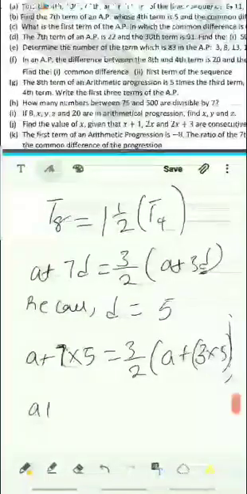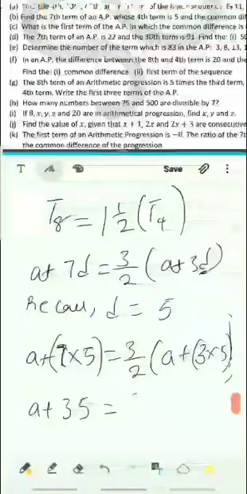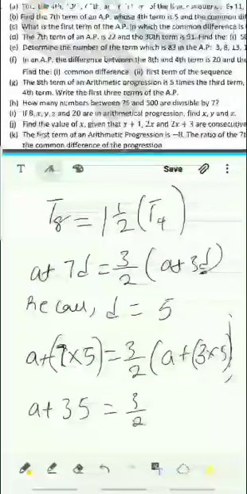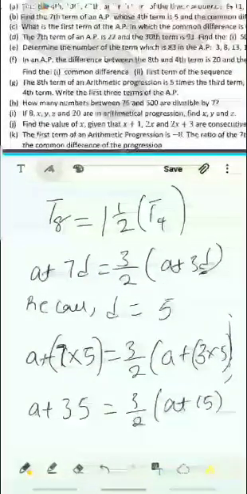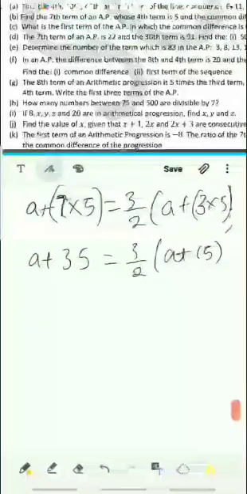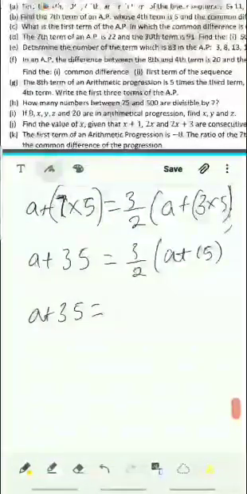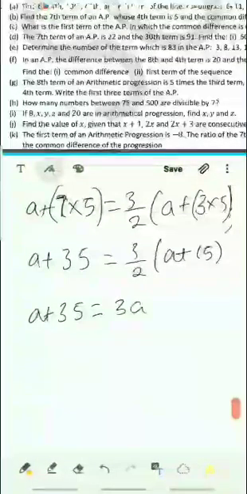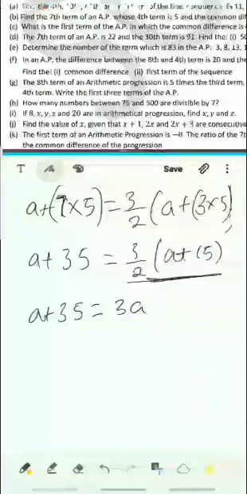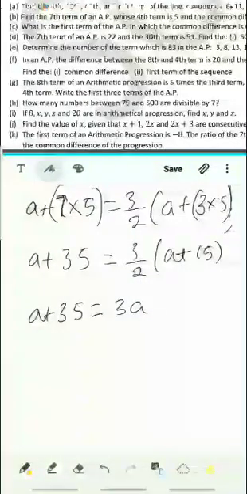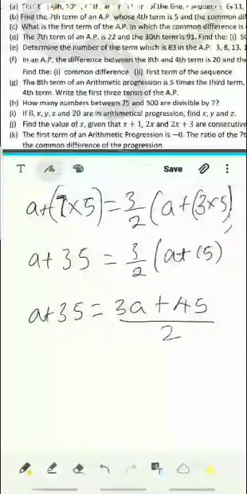Then you have A plus 35, let me put this in bracket, is equal to 3 over 2 into A plus 15. Then we will have something like this. A plus 35 equals 3A, I'm expanding this bracket here, 3A plus 45, everything over 2.